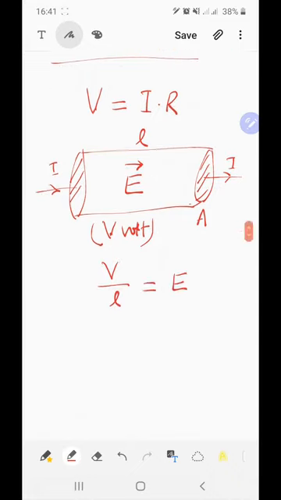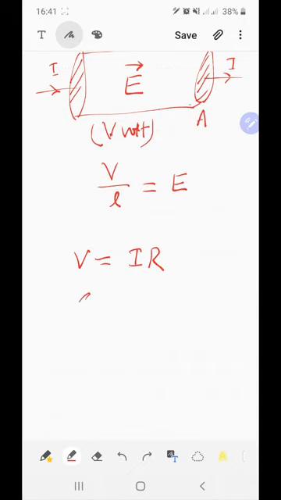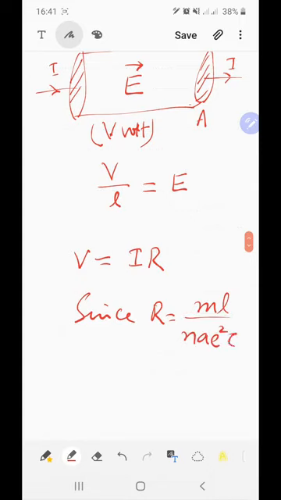Now what do we have? You have V is equal to I into R. I am putting the expression for R, which is R is equal to m L upon N A e squared tau. Here m is the mass of the electron, L is the length of the conductor, N is the electron density of the conductor, A is the cross-sectional area of the conductor, e is the electronic charge, and tau is the relaxation time of the electron.